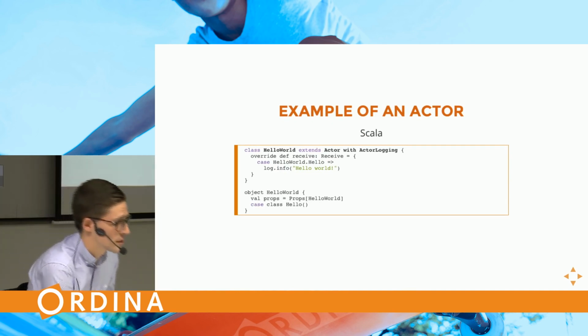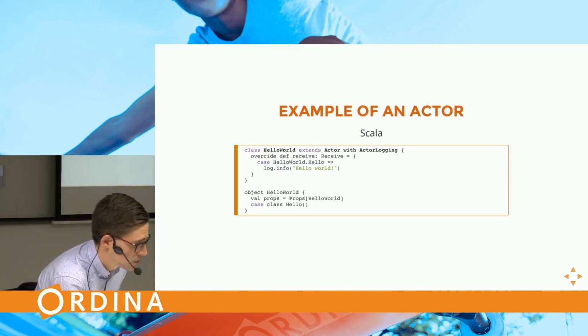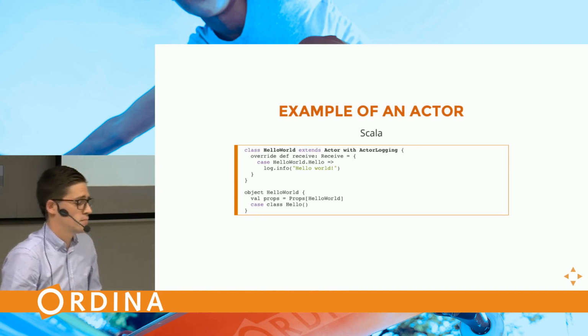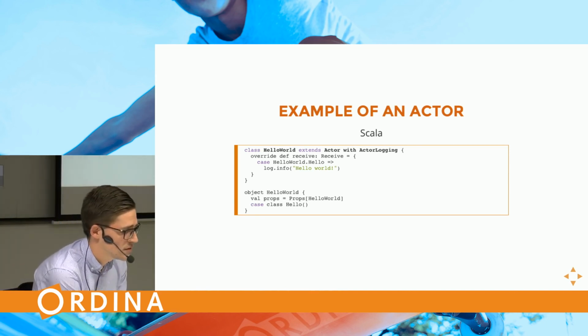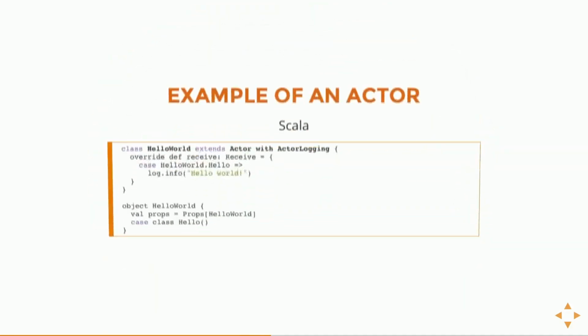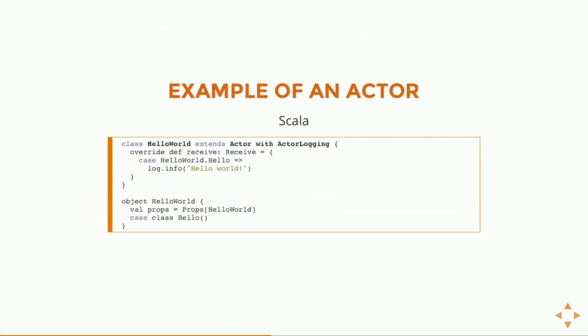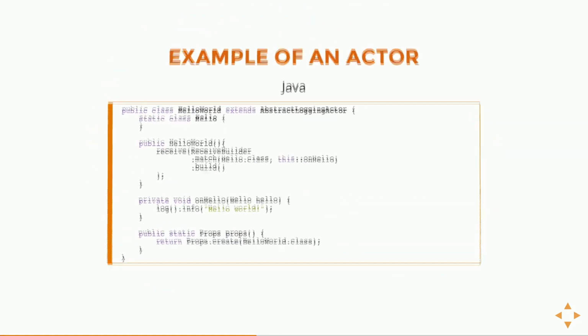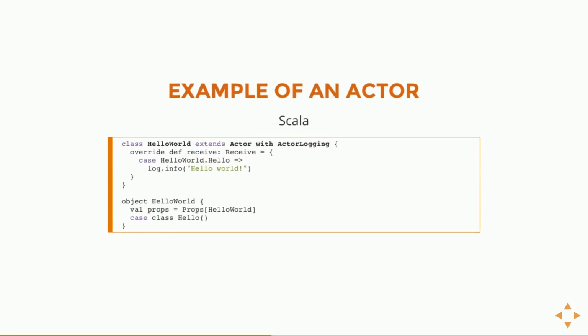This is also an example in Scala. So if you would compare the code required to write this between Scala and Java, you will see that in Scala it's quite a bit more compact and easier to write. Of course, as Java developers, we know that Java can be a bit verbose.